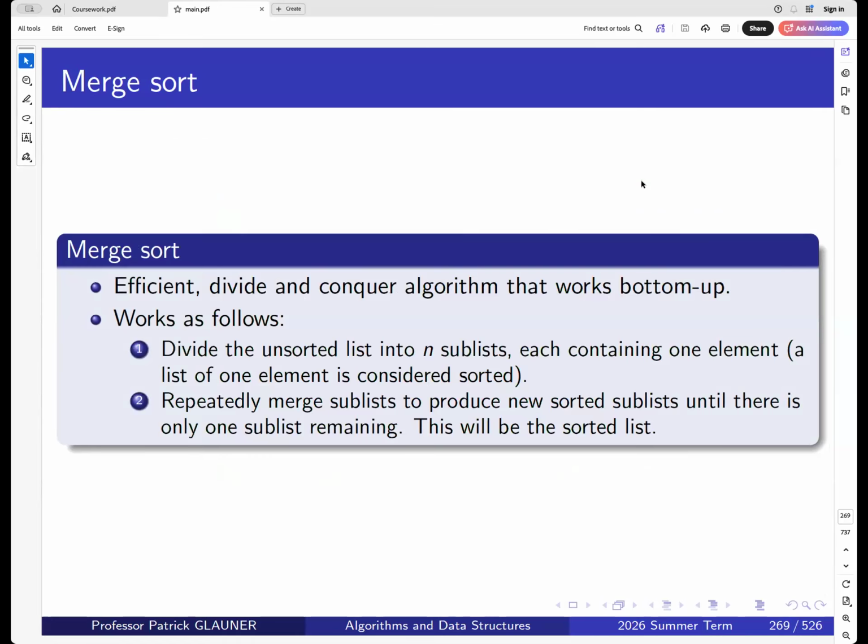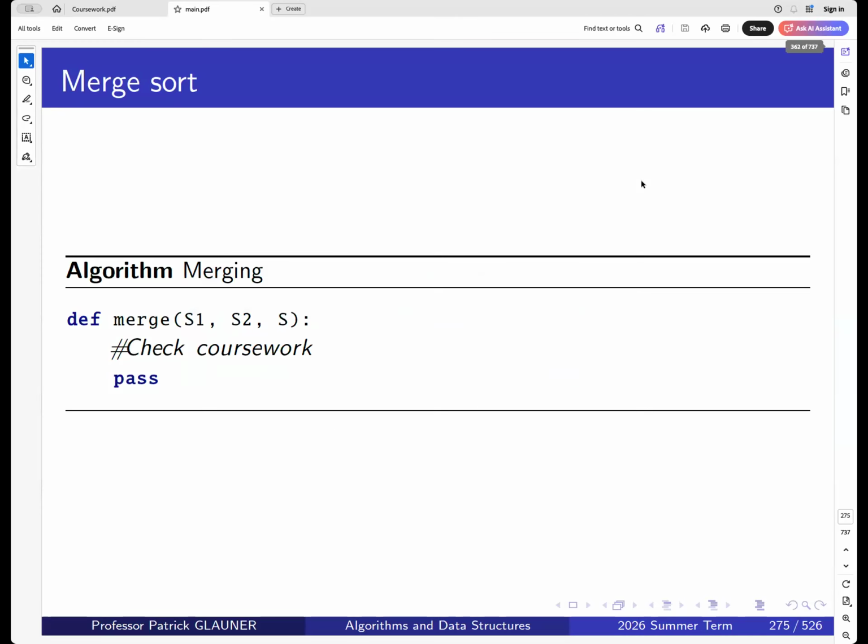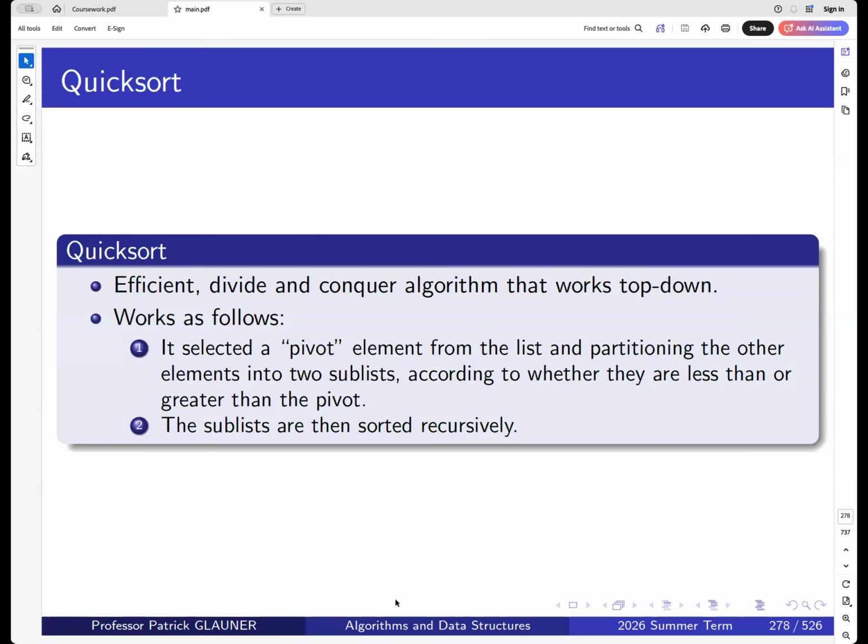Just comparing something. Yeah. So the quicksort here works in a different way. And what it does is the following. It selects a pivot element, so one element from the list, one element from that whole list that we want to sort, and we want to partition all the other elements into two sublists.